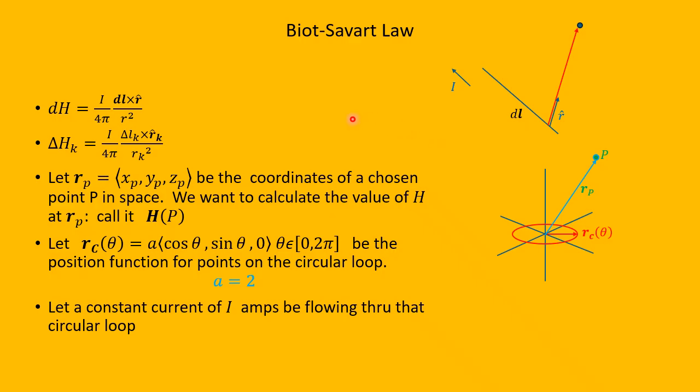In that case, for the H field, magnetic intensity, the bit of the H field contributed at this point by this current going through this wire is going to be called dH, and it's 1 over 4 pi, I dl cross r hat divided by r squared.